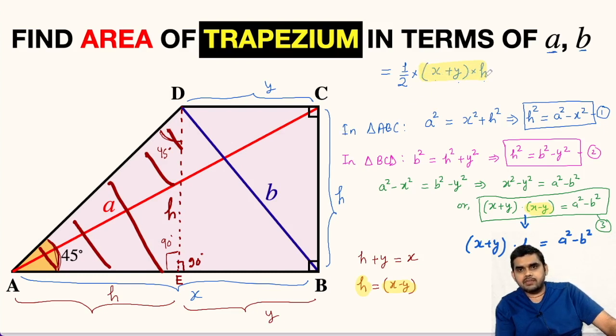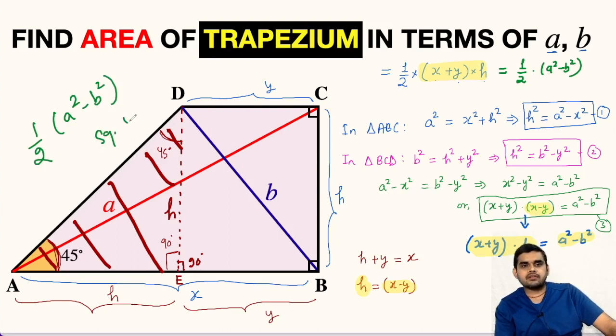So here it was half times x plus y times h, and we have found the value of x plus y times h as small a square minus b square. So this can be written as half times a square minus b square. So the area of this trapezium will be half multiplied with a square minus b square square units.